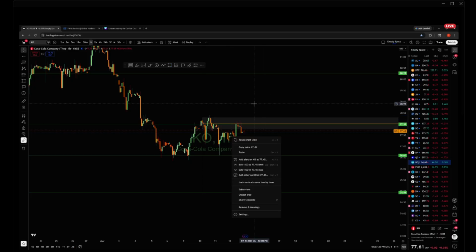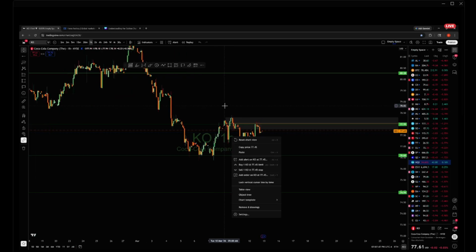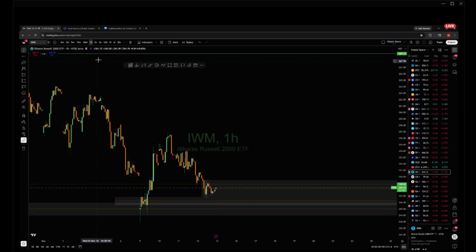And typically, the higher time frame levels, right? Coca-Cola might be a little bit of an anomaly here, but with most stocks, those levels are going to translate down to something. So let me see here.